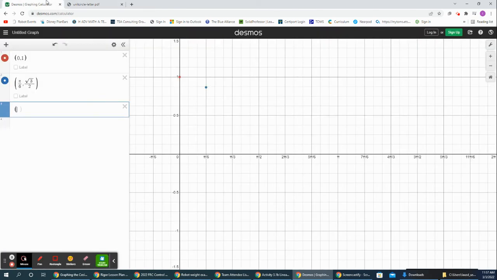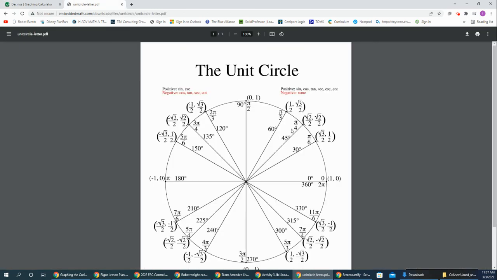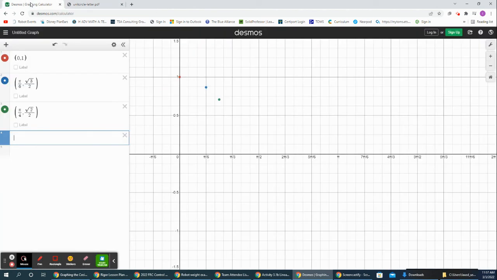So we're going to say pi over 4, square root of 2 over 2. Okay? Continue. Pi over 3, 1/2. So we're going to say pi over 3, comma, 1/2.